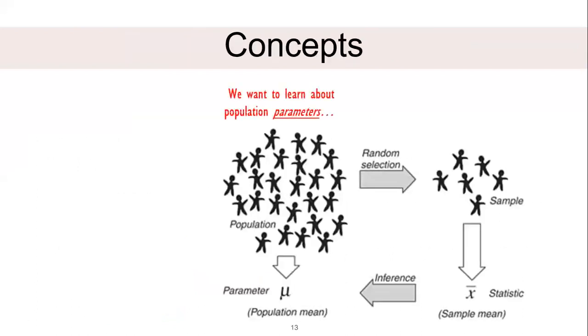And so here are some concepts. We want to learn about population parameters. So we wanted to learn about the characteristics of your population. And so what we do is we do some sort of random selection using those random or probability sampling techniques, for example, that we discussed last time.